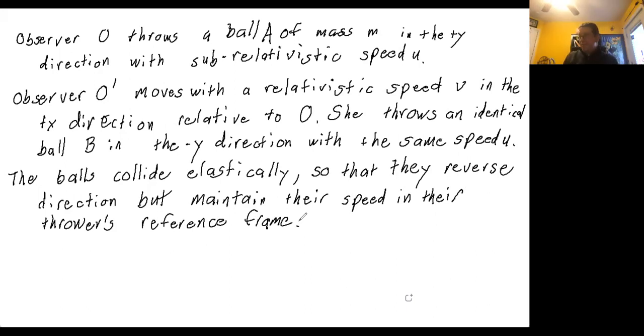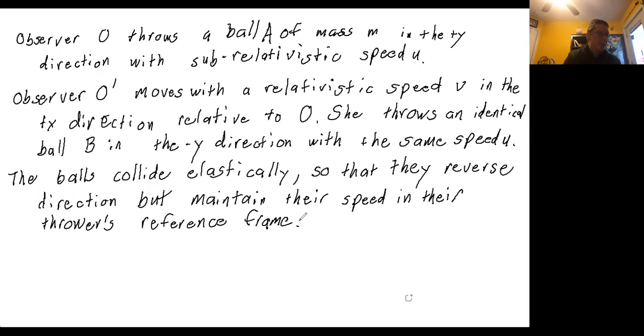And that applies at the subrelativistic level, but it also applies at the relativistic level. So you need to find what factor you would need to apply to the product of mass times velocity to make sure that momentum is conserved in every reference frame.